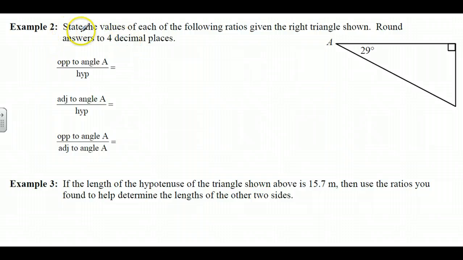State, we don't have to show work, the values of each of the following ratios given the right triangle shown. All we've got here is angle A is 29 degrees. Round answers to 4 decimal places. Opposite over hypotenuse is the sine of the angle. We want the sine of 29 degrees. Let's haul out the calculator.